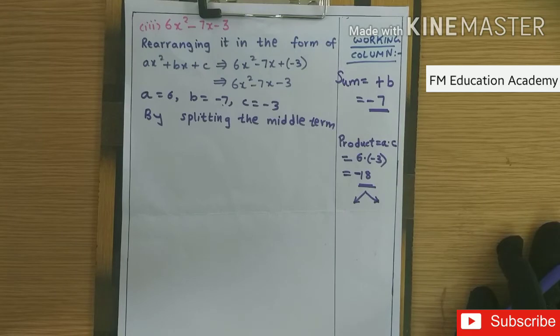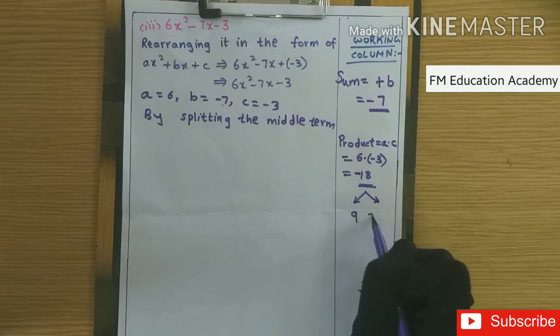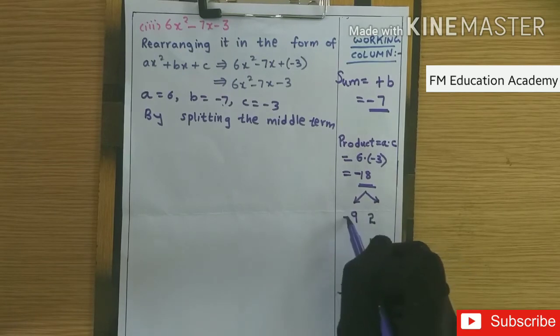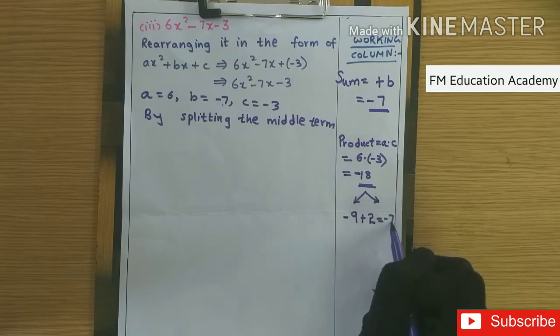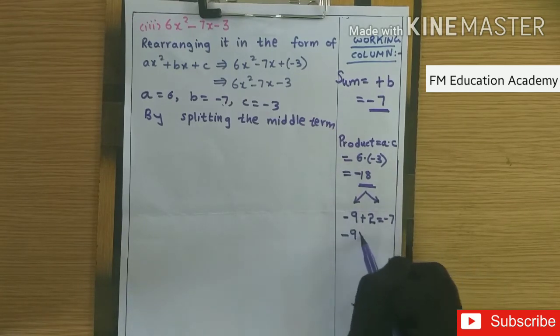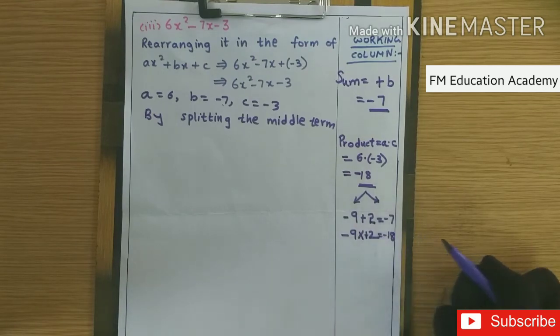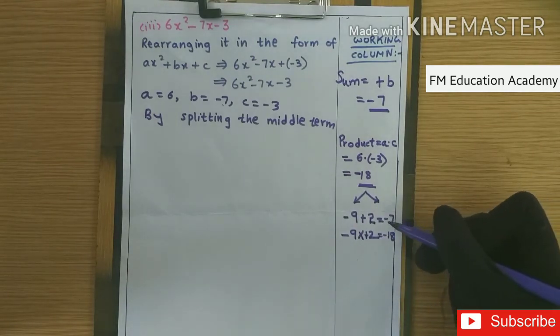Then what are the remaining factors of 18? 9 2s are 18. So if I take minus 9 and plus 2, I will get the sum as minus 7. Why? Because when the signs are opposite, subtract: 9 minus 2 is 7, and the bigger number's sign is minus, so I wrote minus 7. And also if I multiply minus 9 into plus 2, I will get minus 18. That is why I have chosen the factors as minus 9 and plus 2.